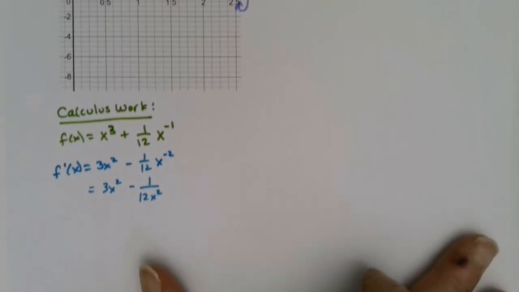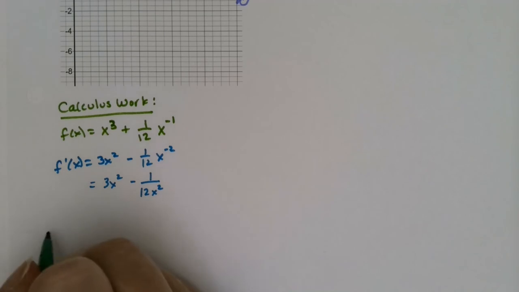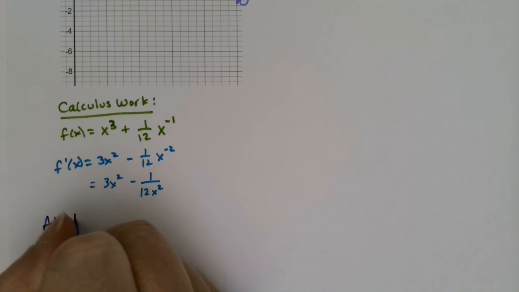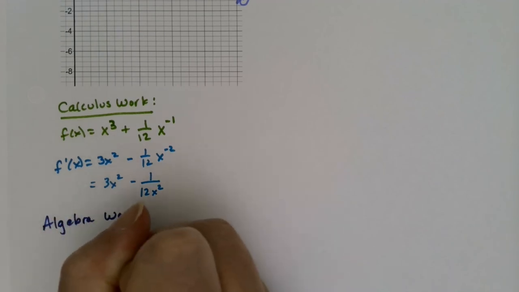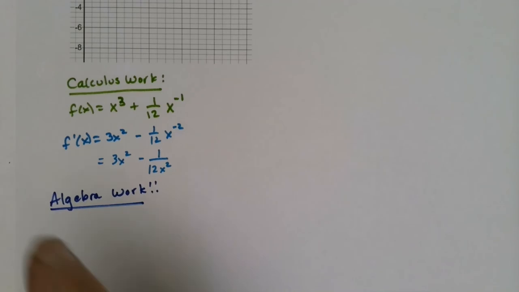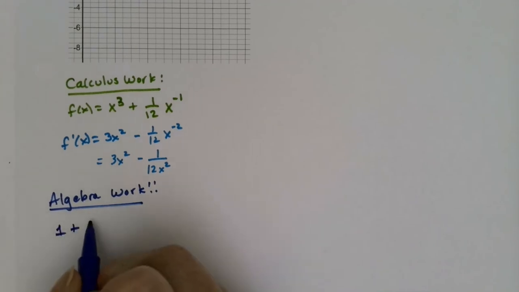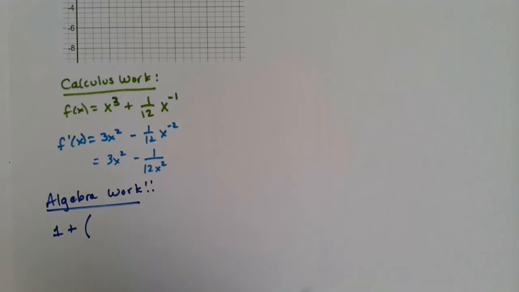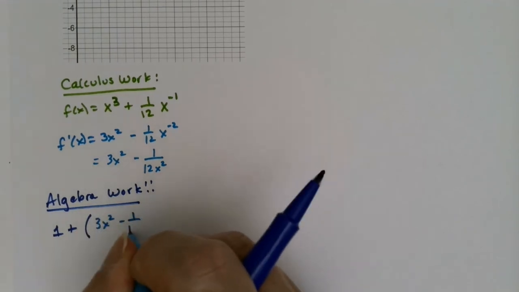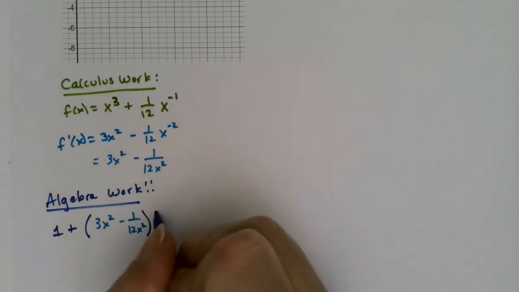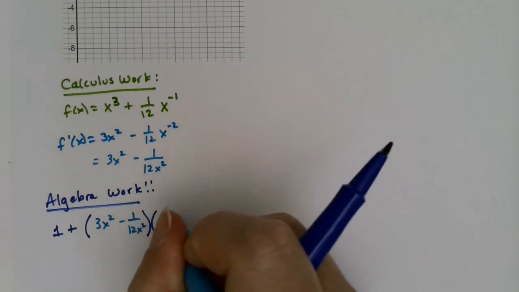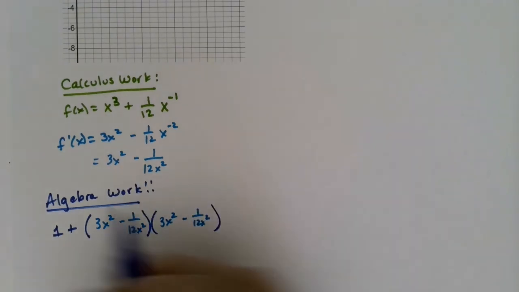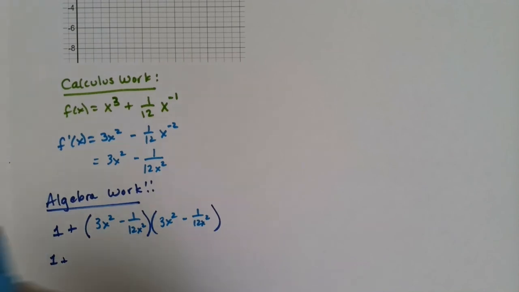So I have 1 plus 3x squared minus 1 over 12x squared multiplied by itself, so 3x squared minus 1 over 12x squared times another 3x squared minus 1 over 12x squared. That'd be 1 plus 9x to the 4th.